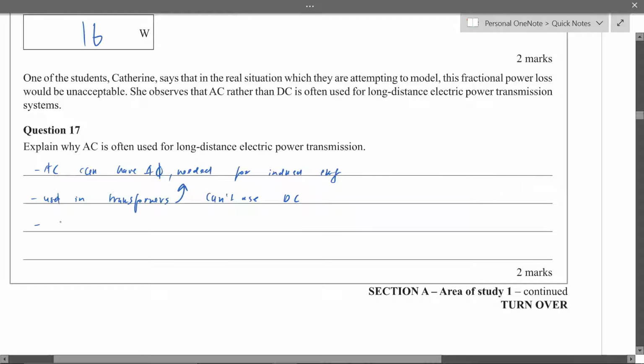And then you have to explain that increasing the voltage in power lines decreases the current, so less power loss. That's modeled by the equation P equals I squared R. So I decreases, then P decreases.